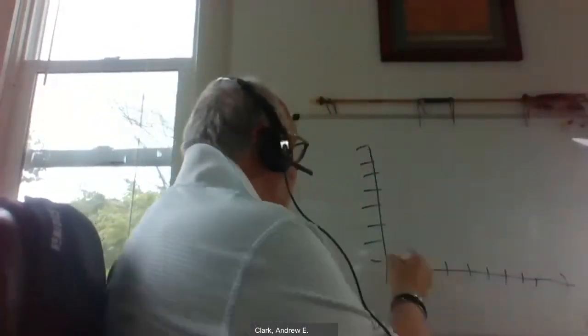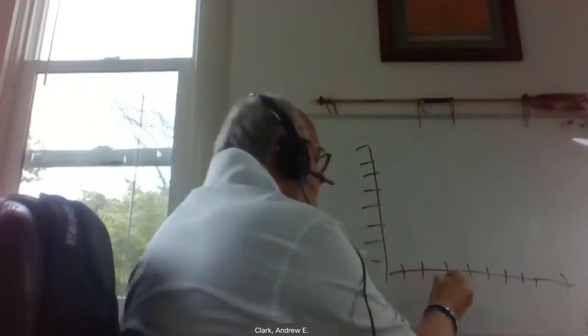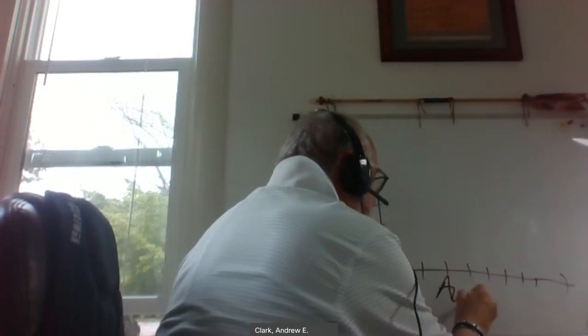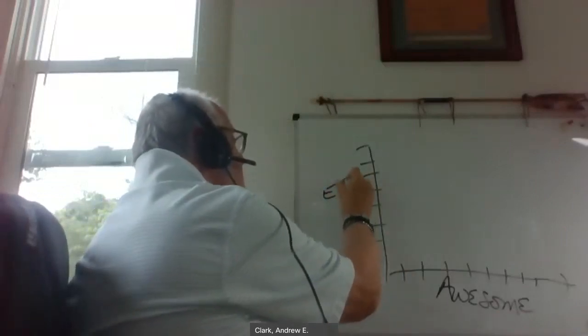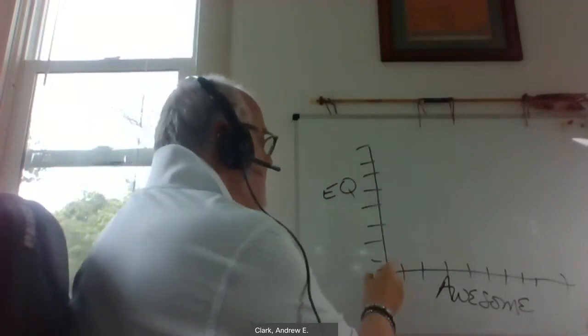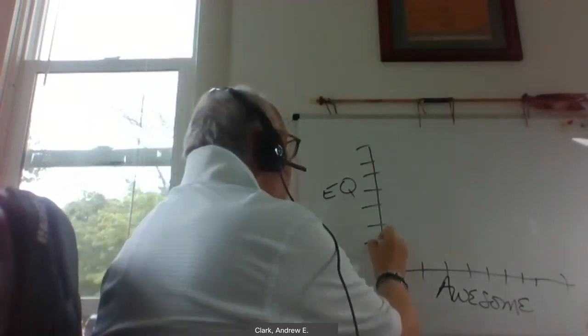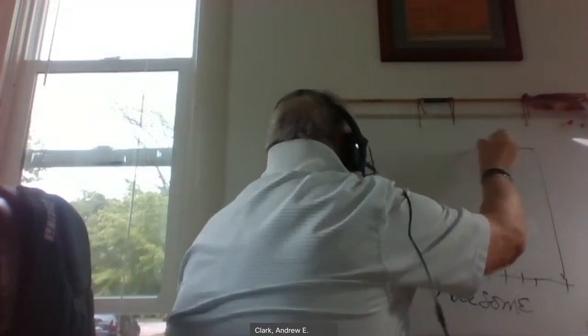I've been working on a project where I was talking about this is the awesome axis, and this is emotional intelligence, which is typically EQ. And what that means is that the higher you are in terms of emotional intelligence, the more awesome you are.